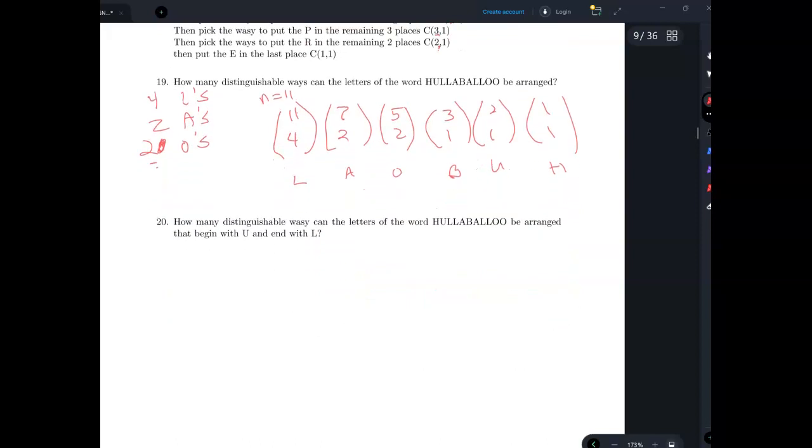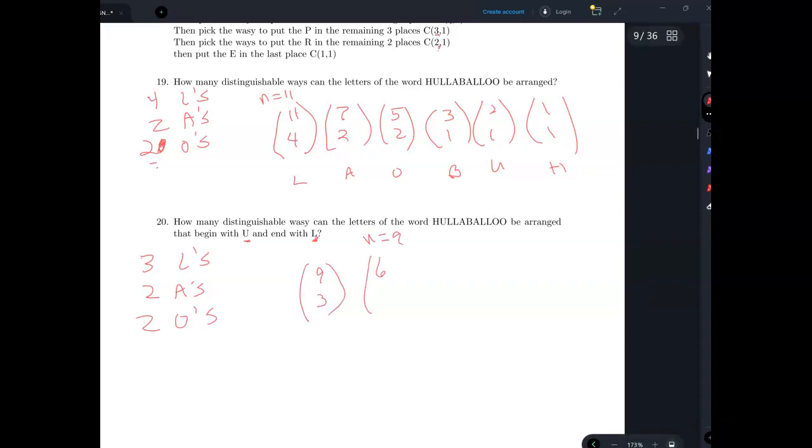So one more here. Same kind of thing, only I'm beginning with a U and ending with an L. That means there's 3 L's, still 2 A's and 2 O's. But the number of letters I've got to pick from, I don't have 11 anymore, I'm going to be picking from 9. So 9, choose 3.